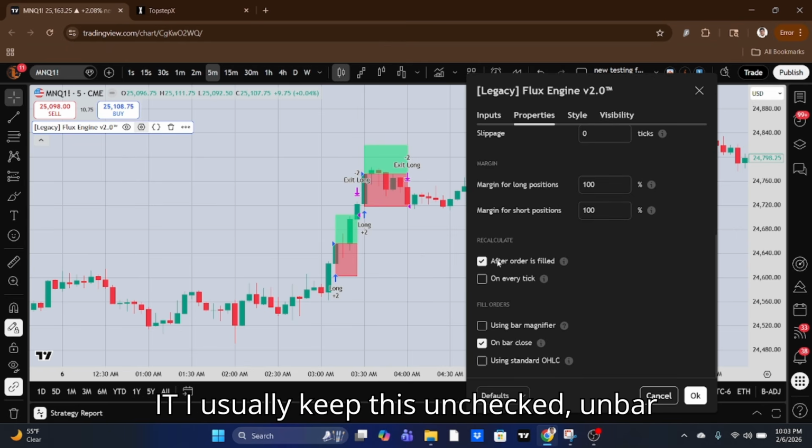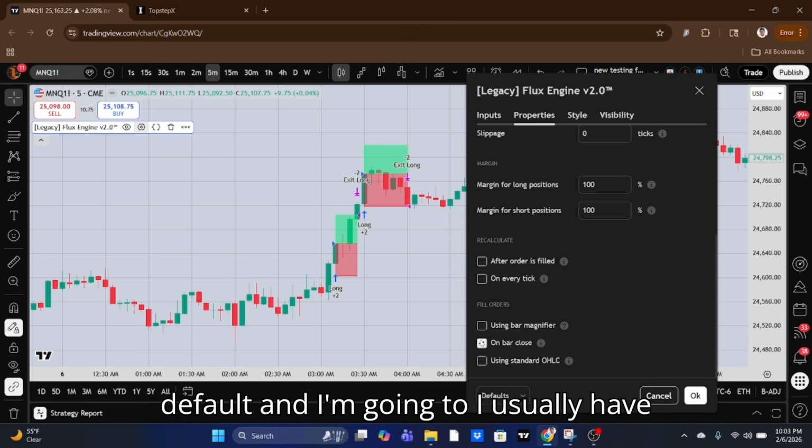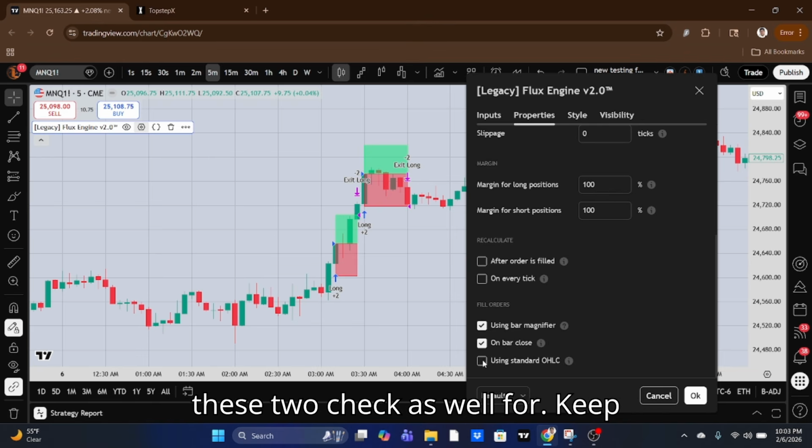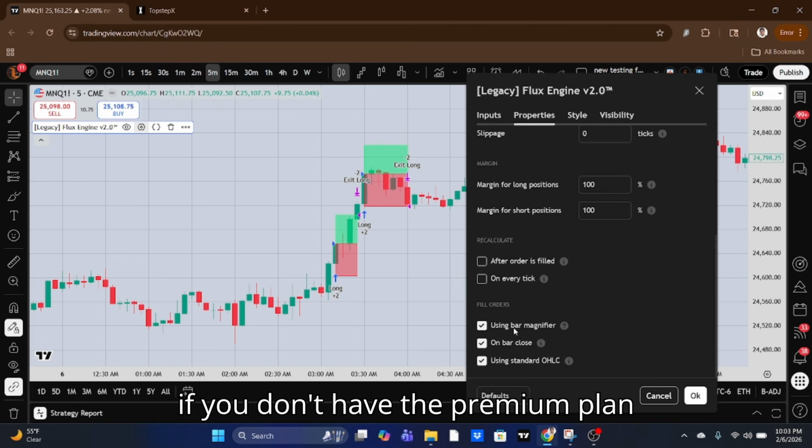After order is filled, I usually keep this unchecked. On bar close, make sure this is checked by default. And I usually have these two checked as well for deep backtesting. If you have the premium plan, you can use this, but if you don't have the premium plan, you won't be able to use the bar magnifier.